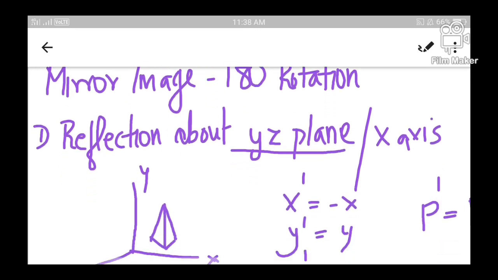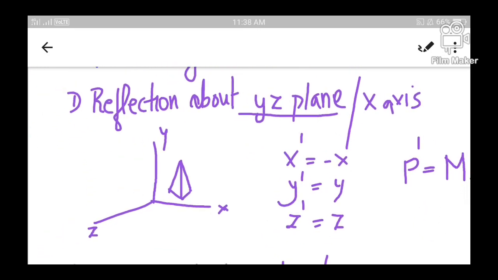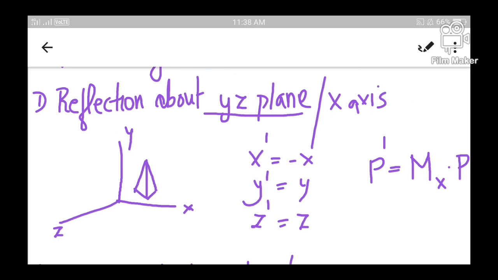Now the reflection about YZ plane is otherwise called a reflection about X-axis. See this picture. In this picture, this is a 3-dimensional space, and in this 3-dimensional space, this is the YZ plane.